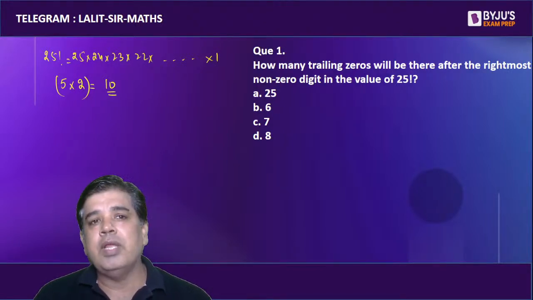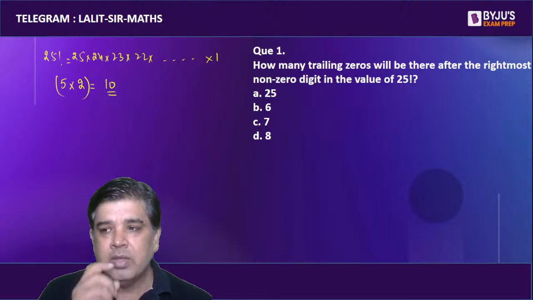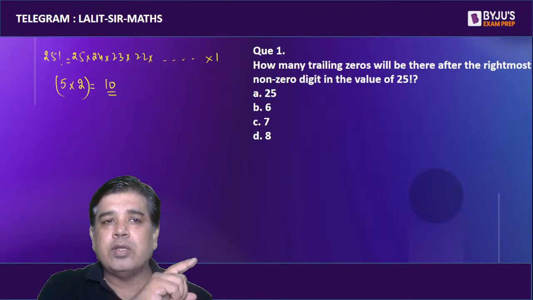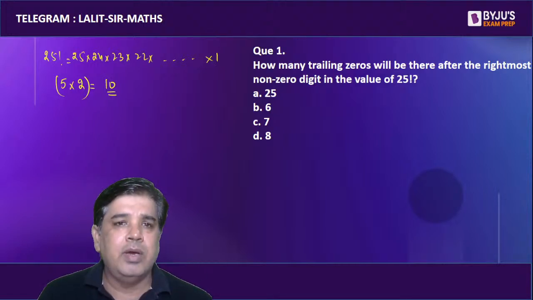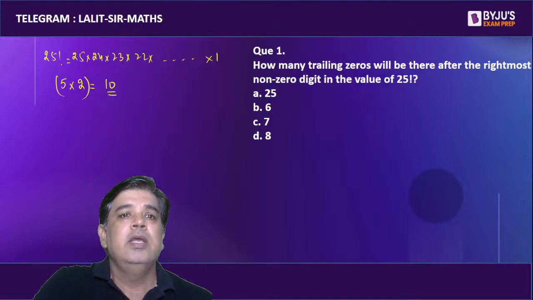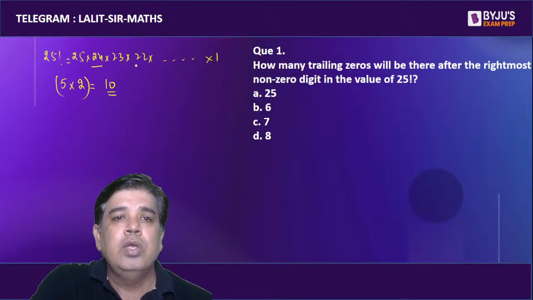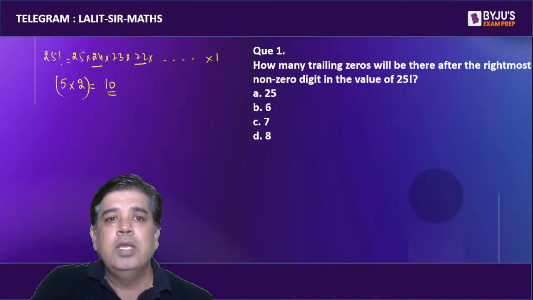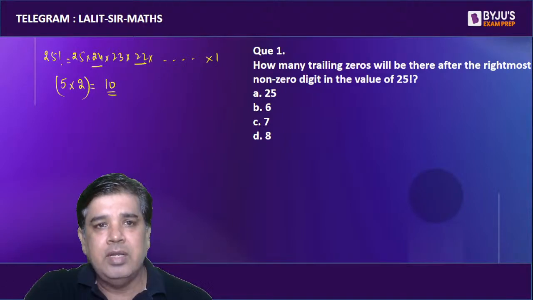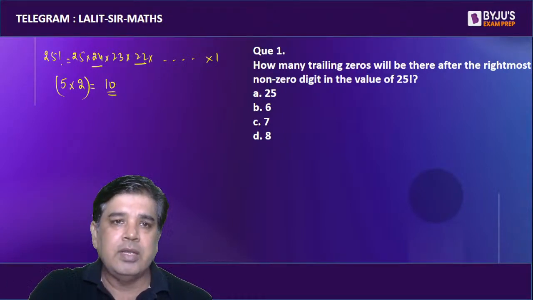And we know that every second number is divisible by 2. So in the factorial of any number, there will be more 2s than 5s. You can see here 24 is having 2, 22 is having 2, then 20 will have 2, 18, 16, every second number is a multiple of 2, right?